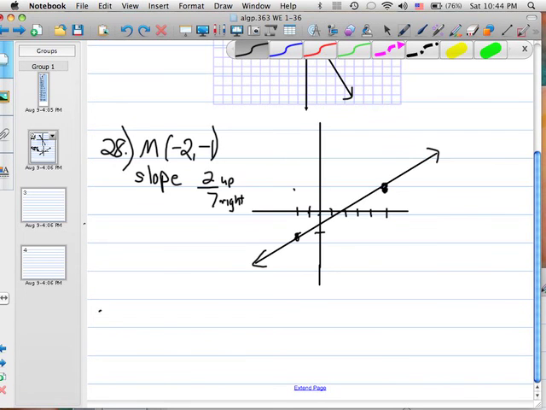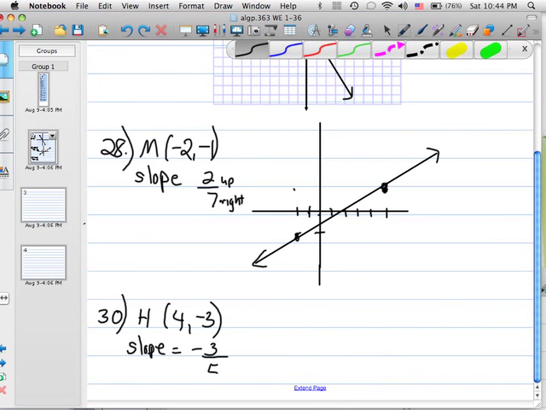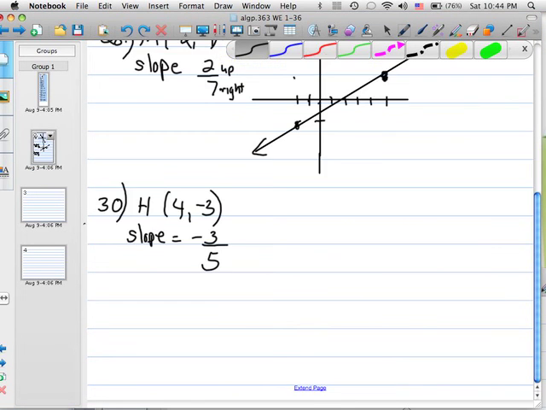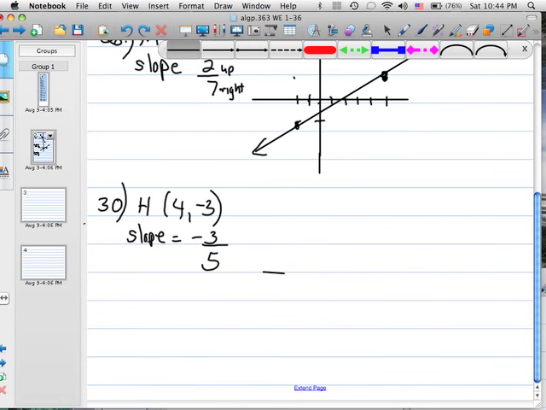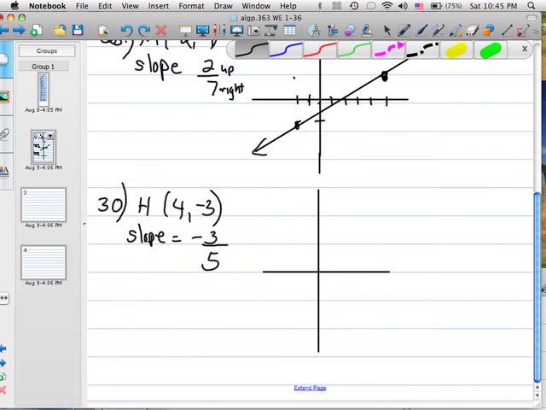And then number 30, the point is 4, negative 3, and your slope is negative 3/5. So it's going to go down 3, right 5. So make a coordinate plane. Draw your 2 axes. And plot your point 4, negative 3, x is 4 to the right, down 3. Try to be as careful as possible doing this.